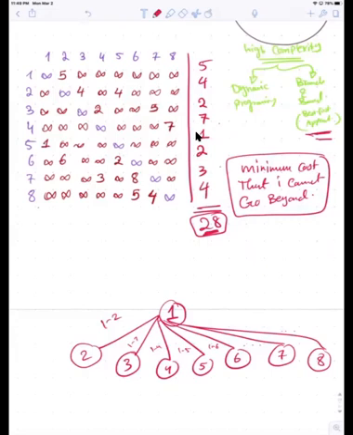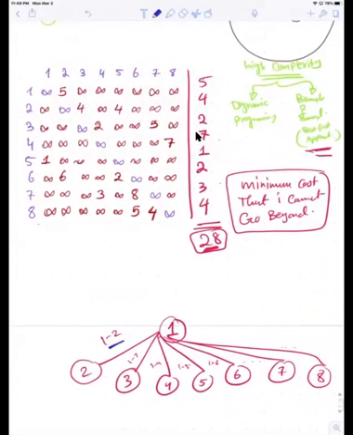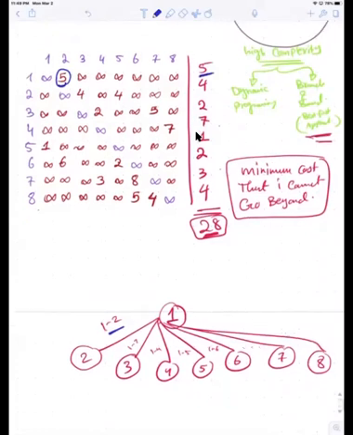Okay, so now what I will be doing is checking from 1 to 2. From 1 to 2, I have here 5, and it's already 5. So that means that the whole journey till this point will cost 28.